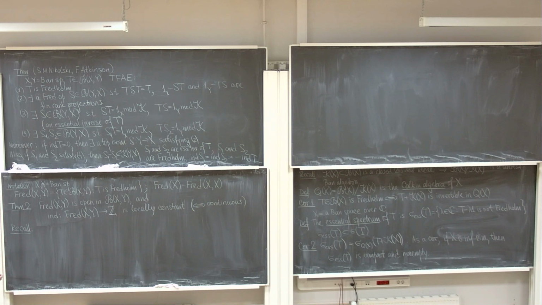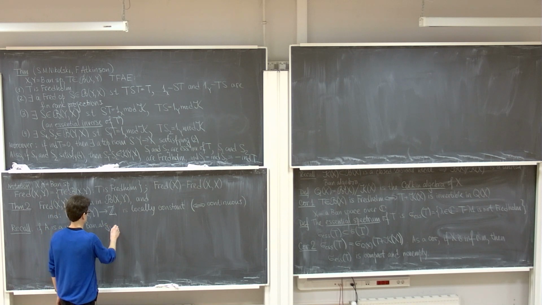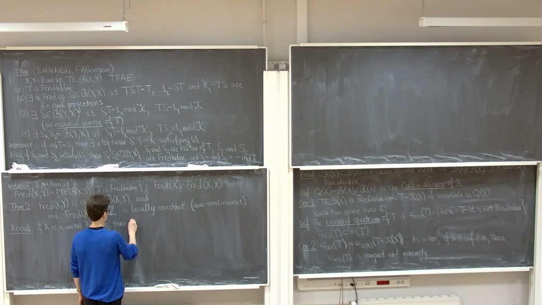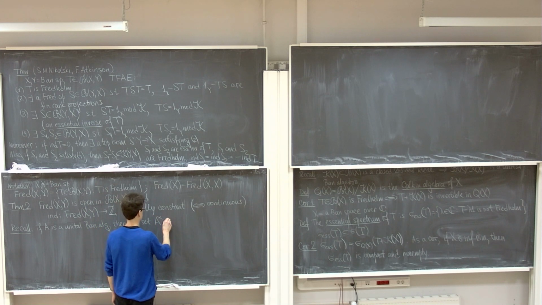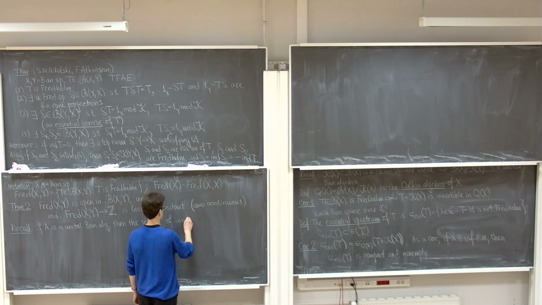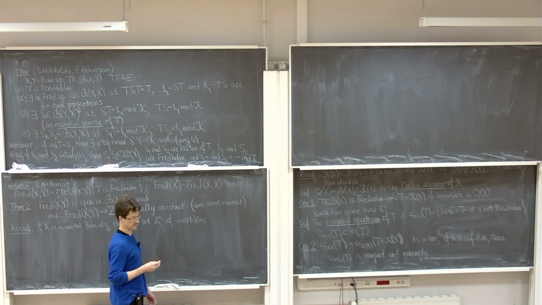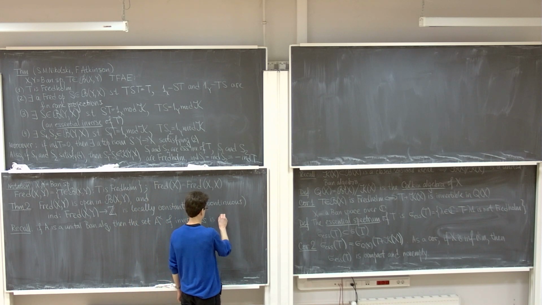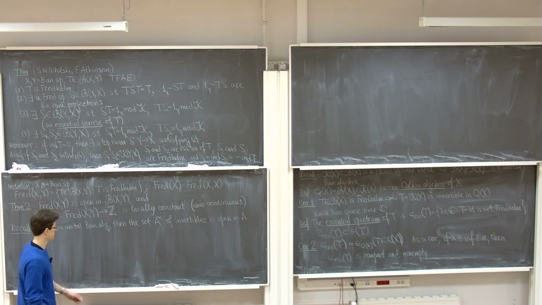If A is a unital Banach algebra, then the set of all invertible elements, denoted by A cross, is open in A. The set of invertibles is open.